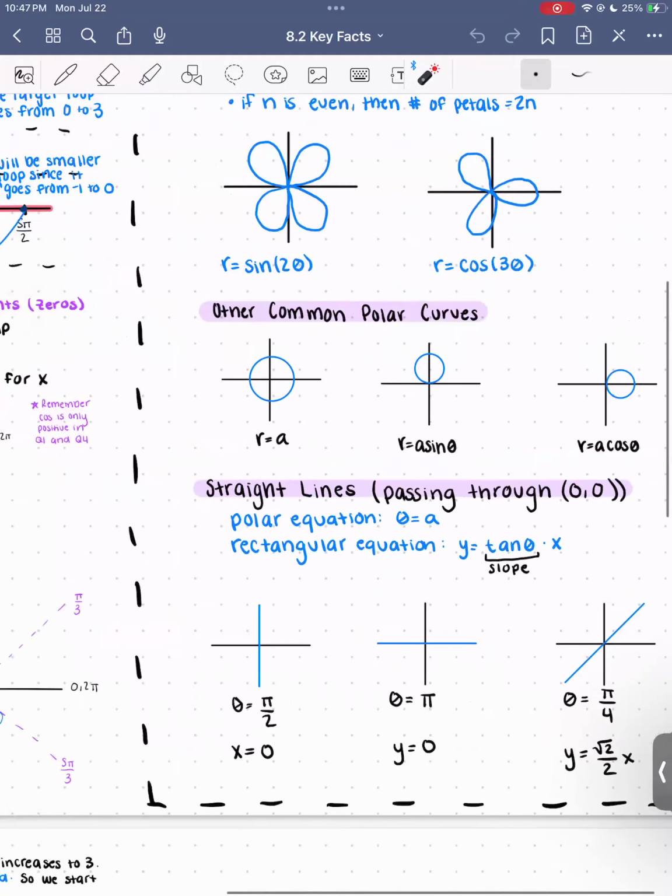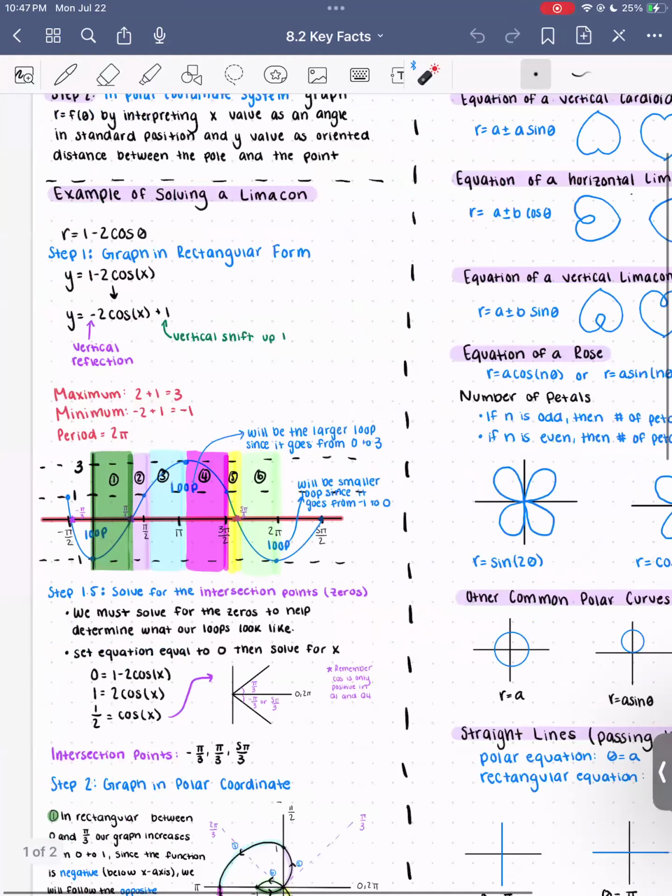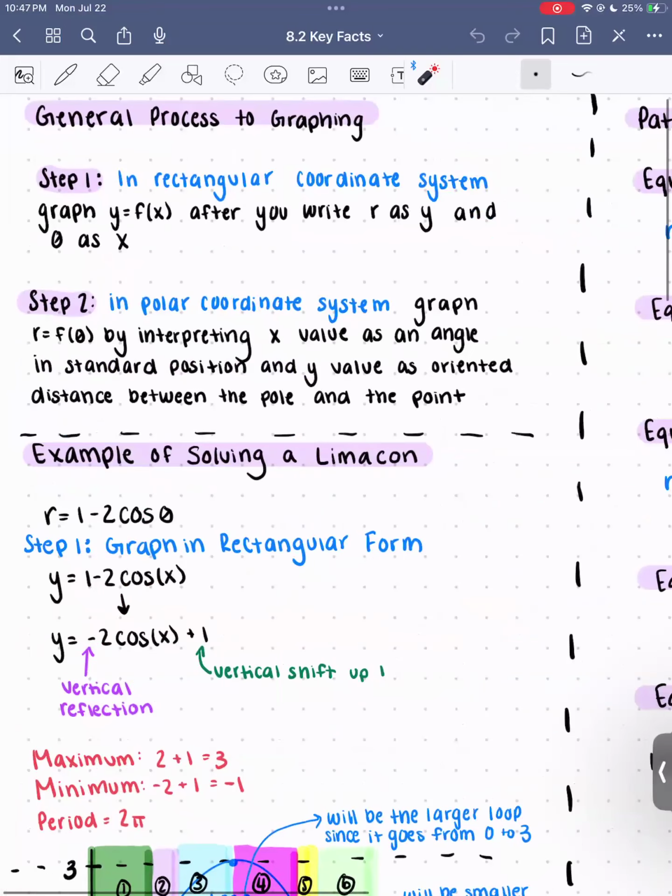All right. Now that we've done that, let's talk about the general process to actually graphing our polar graphs. There are usually 2 general steps.